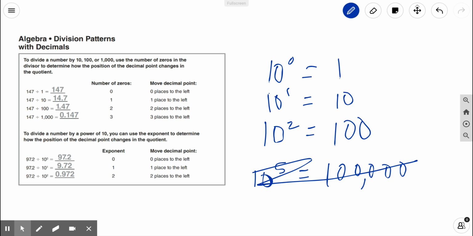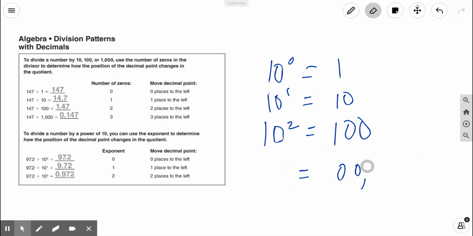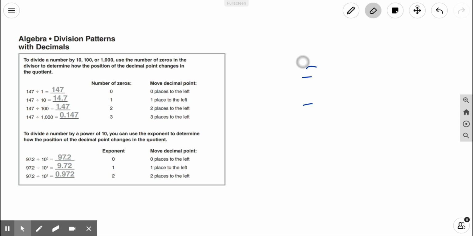So let's look. Let's look at the example on the bottom of this box here. It says to divide a number by the power of 10, you can use the exponent to determine how the position of the decimal point changes in the quotient. And again, you're going to look at what the exponent is.